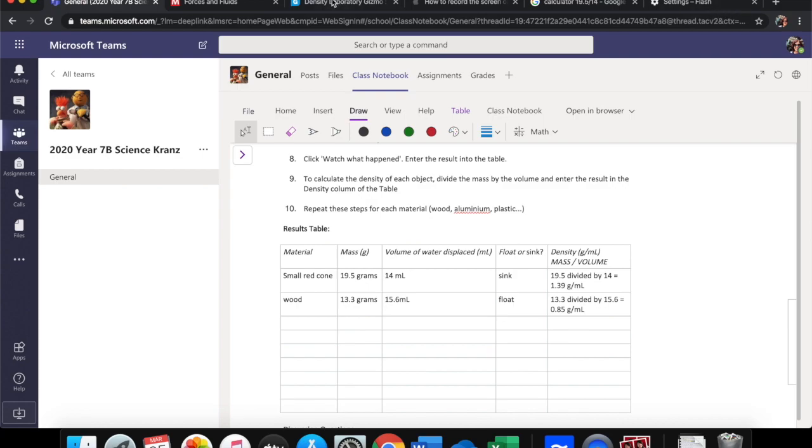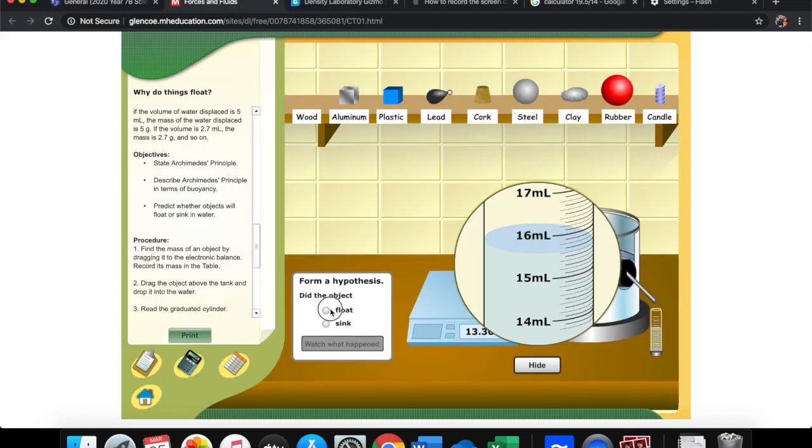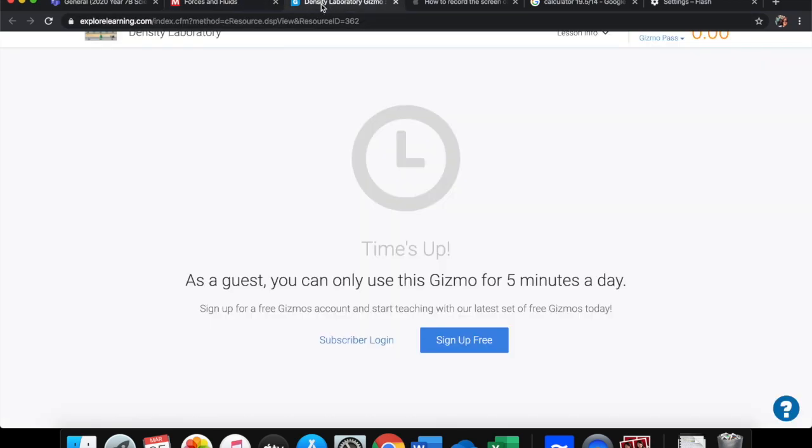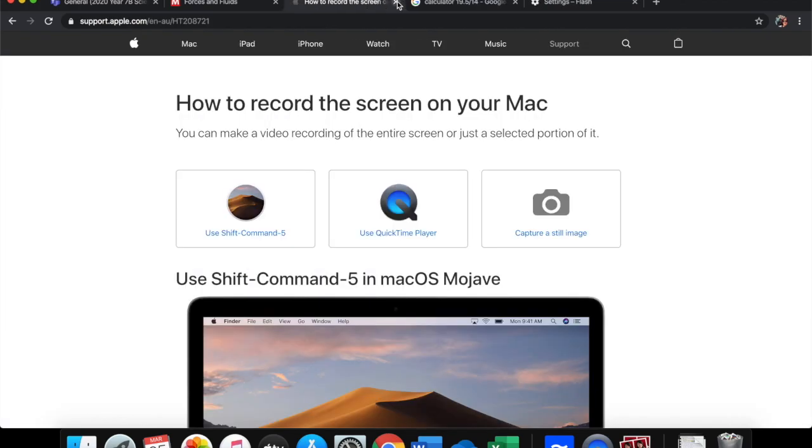And let's actually see if it floated. Well, I'm going to guess that it will float. Let's watch. Yeah, it floated. You're going to do that with this website. If this website doesn't work, use the one at the top. Oh, it's only for 5 minutes a day. That's why I put the second one in.